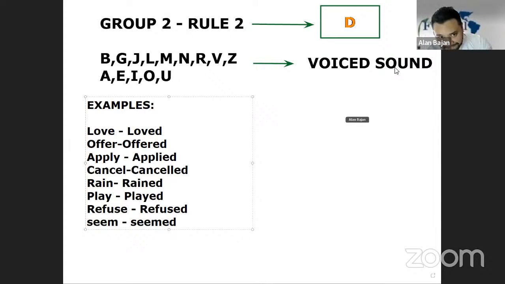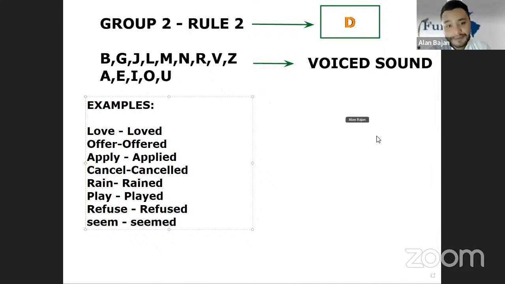Yes, Alison? Teacher, when I say refuse, it's like AS at the end. Refuse, no with E. That's why we need to learn how to pronounce them correctly. Refuse. I told you, your life will change after this class.